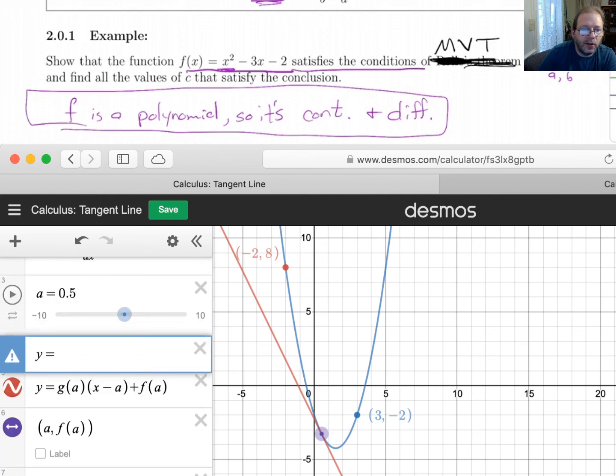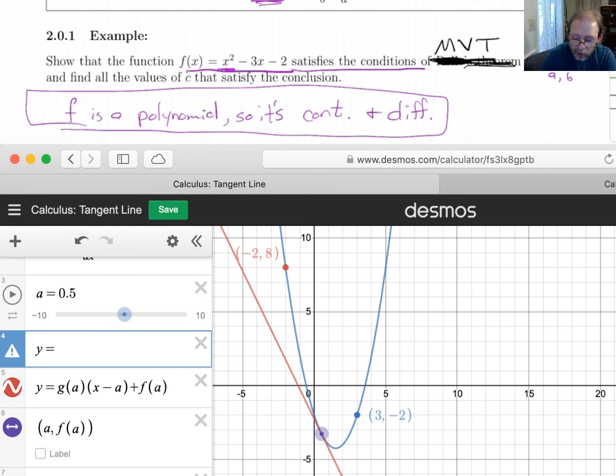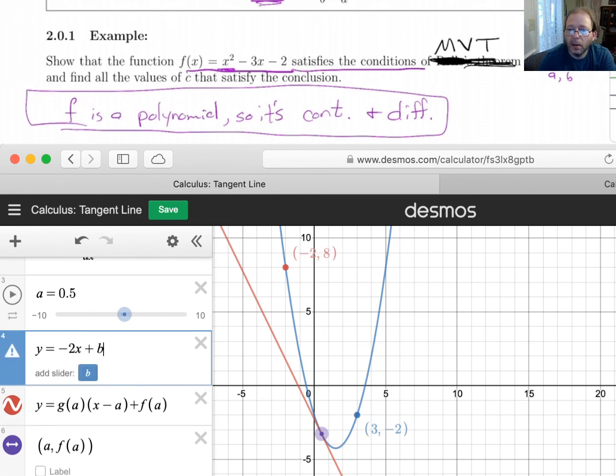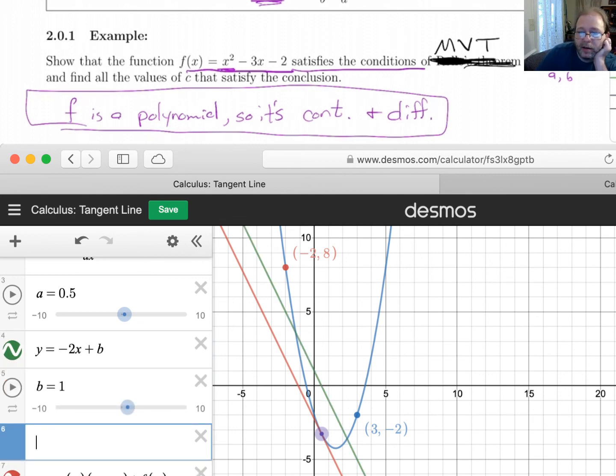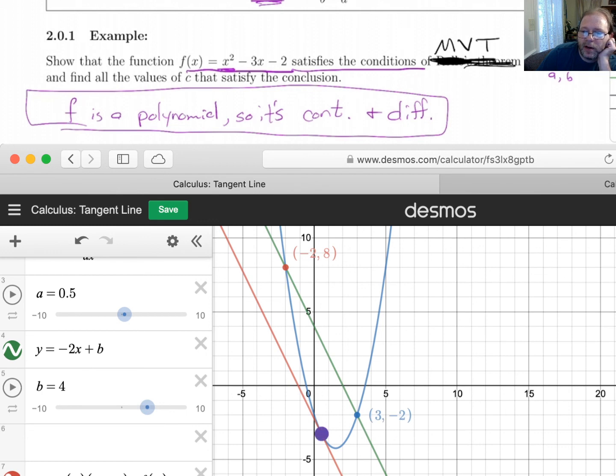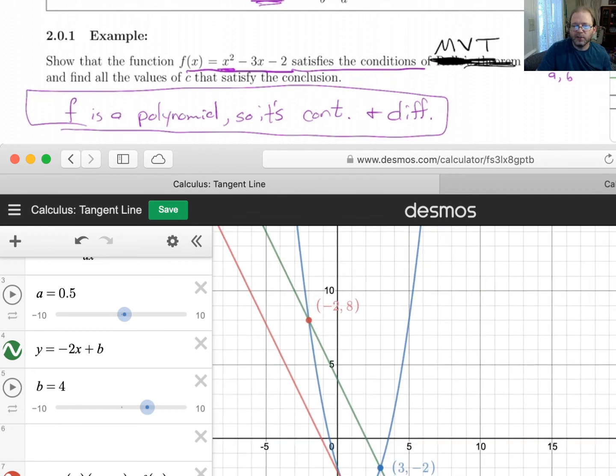What I'm putting in here is the line y equals negative 2x plus b. I'm going to add a slider. So this line, you can see it is parallel to that. And if I move it up to the right place, you can see it goes straight through those other 2 points. So this 1/2, x equals 1/2, does satisfy this. This is a parabola, so that's the only one that satisfies it.